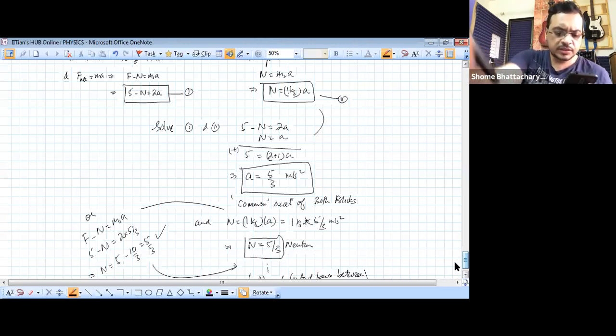Alright, so the ninth question I would suggest that you try and solve yourself, because you have to just do the vector addition of F1 and F2, and the third force F3 should be equal and opposite to F1 plus F2.